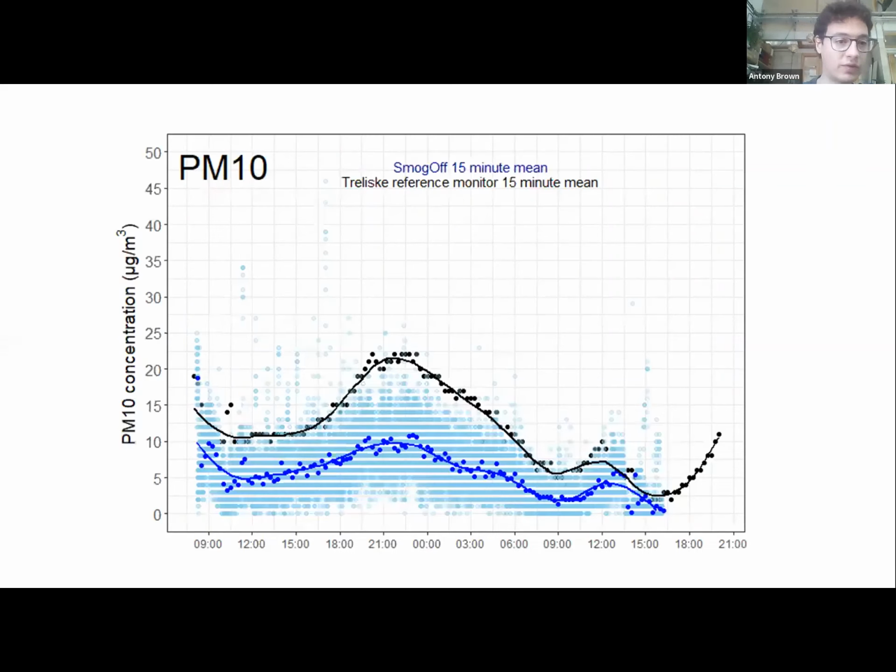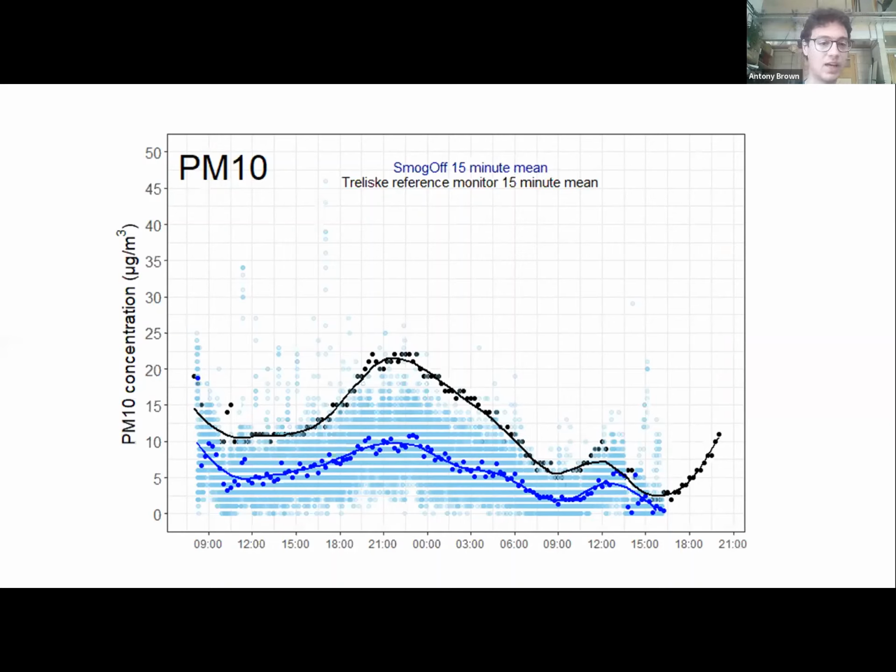And we found that we have quite good agreement between our sensor and the reference monitor. Here we've got PM10 concentration, and the blue line is the 15-minute mean of the Smog-off sensor, and the black line is the 15-minute mean of the reference monitor.